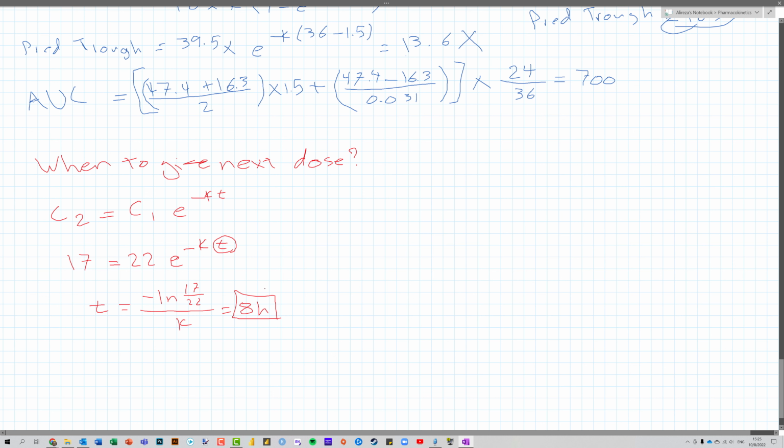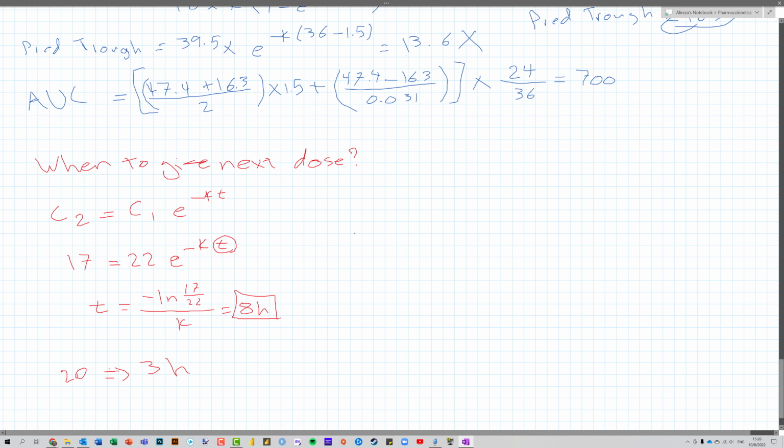Okay, so that's the key here. It will take 8 hours for the trough to go from 22 to 17. Now if you go for 20 instead of 17, you would end up with t of 3 hours. It doesn't matter because these are all estimates.